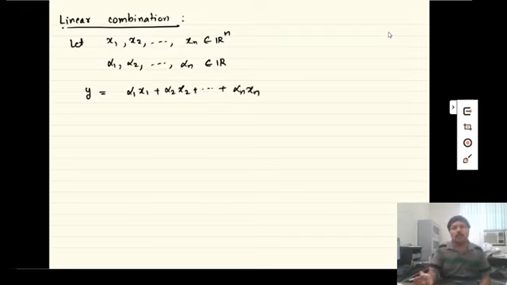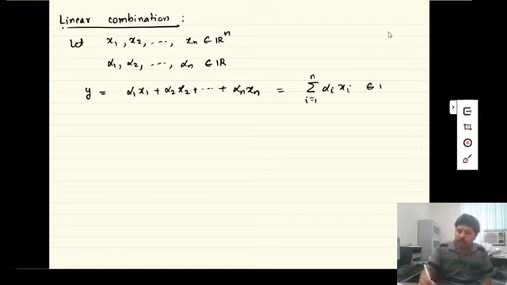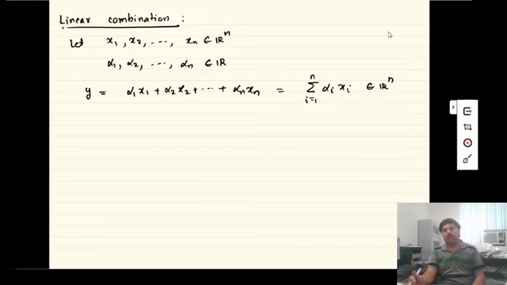That's my linear combination of the vectors x1, x2, up to xn. In short, I can write this as the summation of alpha i xi, i going from 1 to n, which is obviously a vector in Rn. So y is a vector in Rn, and we call y a linear combination of these vectors x1, x2 up to xn.